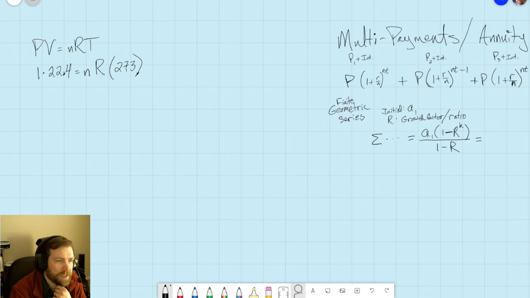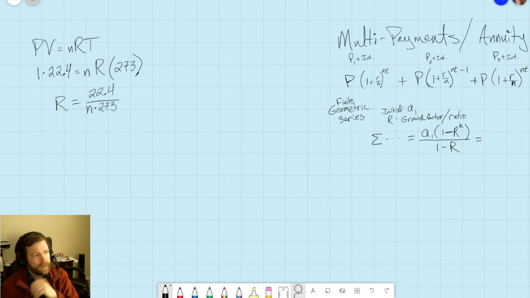All right, so in this case, we've got our 1 times 22.4, so that's just going to stay where it is. And then R is going to be equal to, if we divide off N and divide off 273, 22.4 over n times 273. Okay, and it's just the number of moles, so cool.